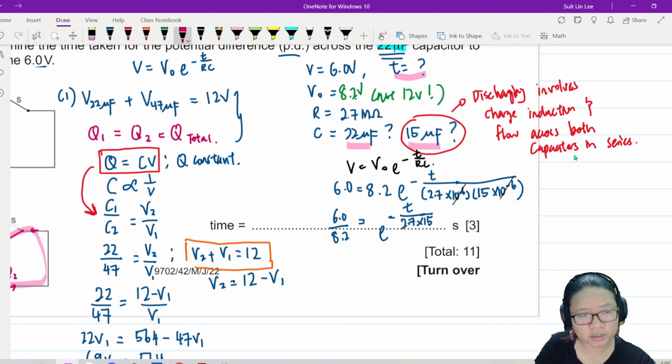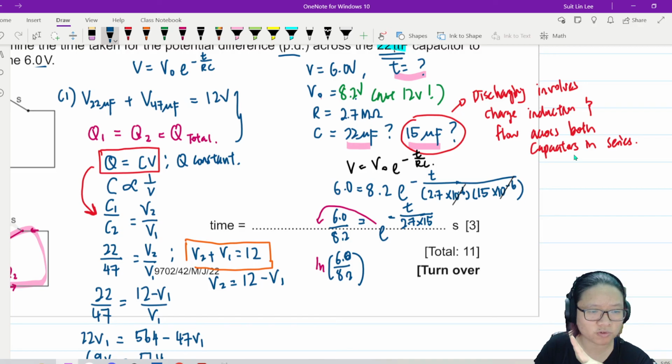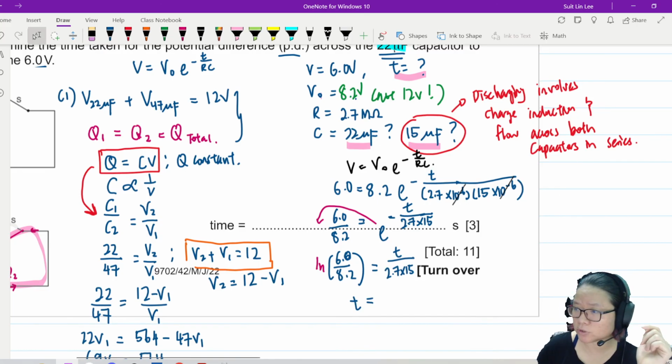You see this exponent here, I'm going to bring it over, it becomes ln. Then this will be ln of 6.0 over 8.2. Because the exponent is brought over, the power remains t over 2.7 times 15. Then I can press my calculator, which I will do now.